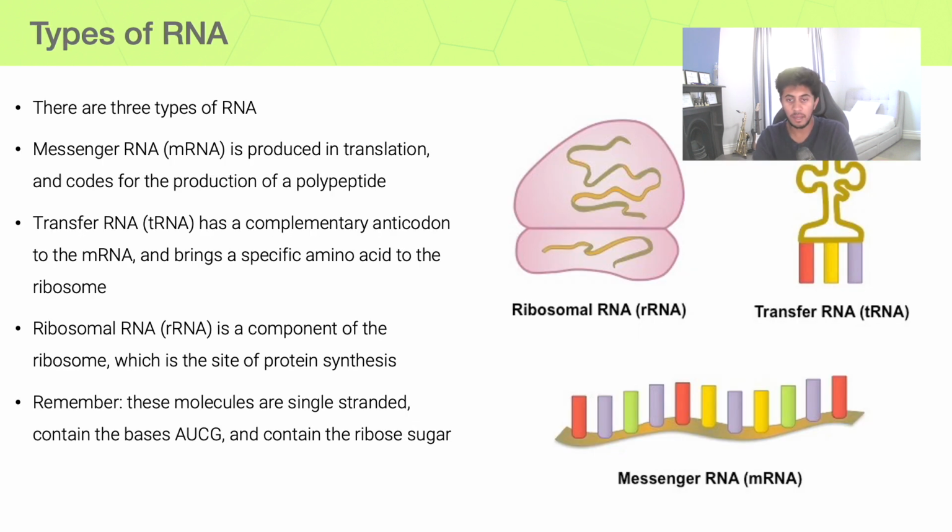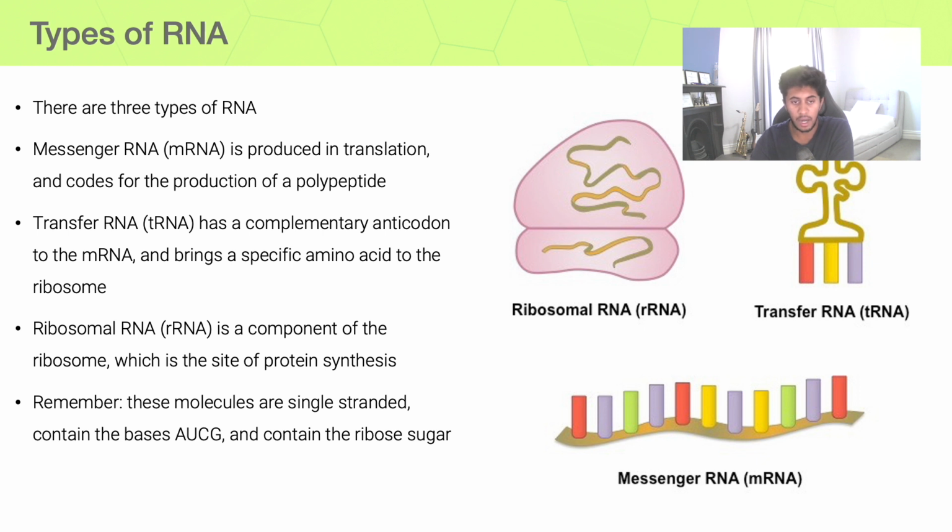So there are 3 types of RNA that we cover in topic 1. Messenger RNA, or mRNA, is produced in translation and codes for the production of a polypeptide. Transfer RNA, or tRNA, has a complementary anticodon to the mRNA, so we'll cover what that means, and brings a specific amino acid to the ribosome.